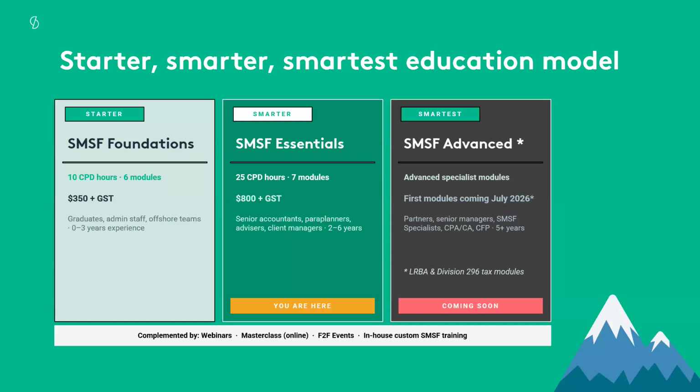So now that we've finalized the updates to our Foundations course and Essentials course, this has allowed us to really accelerate on to building out that smartest part of the model. Now, these courses are naturally complemented by the regular training that we do.